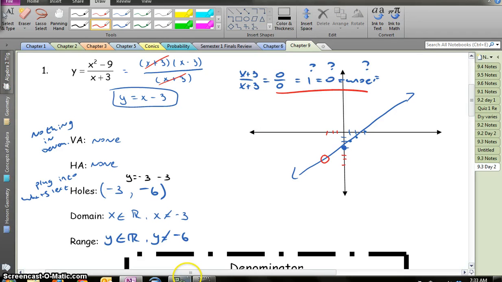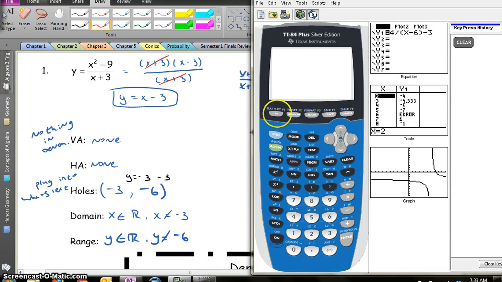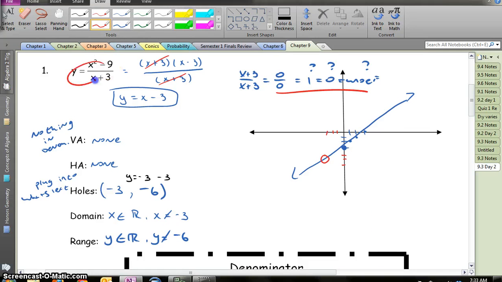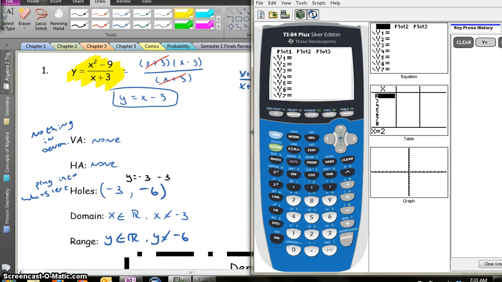Now, if you actually go to your calculator, when you go to draw your graph, now that was linear, so I used it to explain it, but always use your original equation. Reason being, what if you made a mistake factoring? We don't want to plot the simplified one, and it won't show the holes.